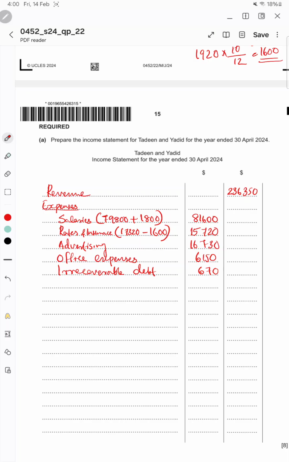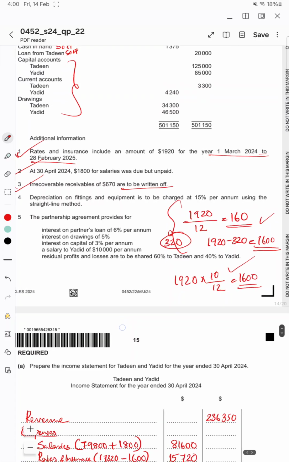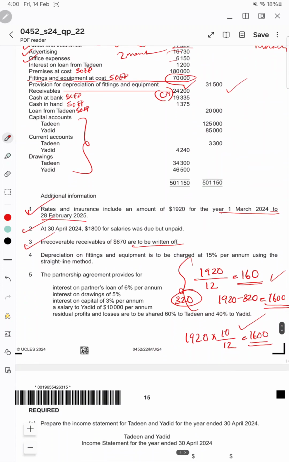Apart from that, one more adjustment we have, that is depreciation on fittings and equipment to be charged at 15% using the straight line method. So directly from the cost we can charge it. Fittings and equipment, 70,000 is the amount. So it will be 70,000 into 15 percentage.